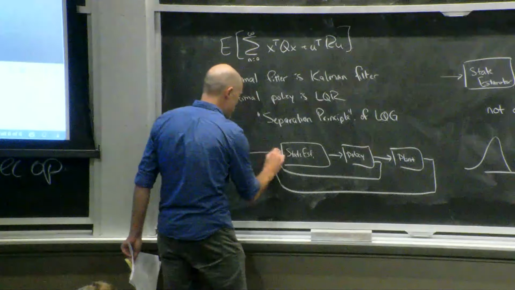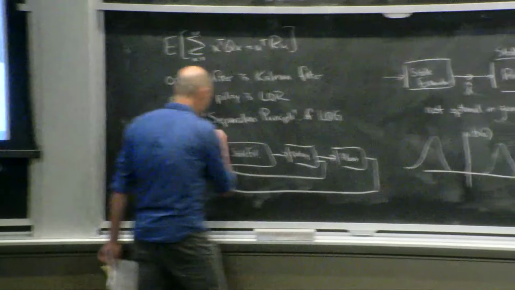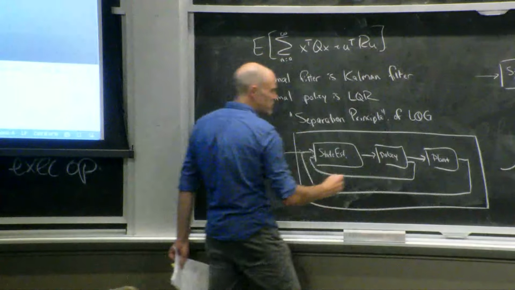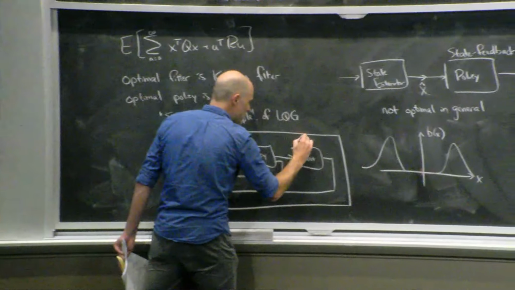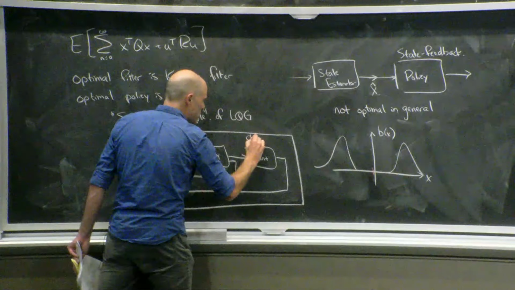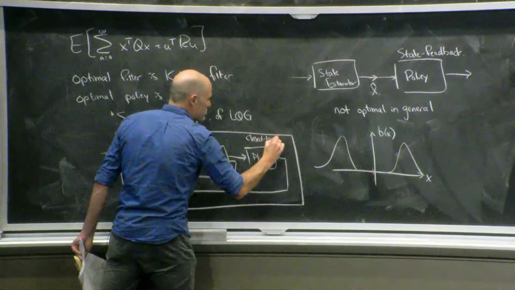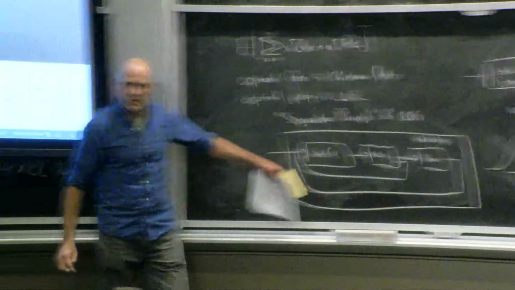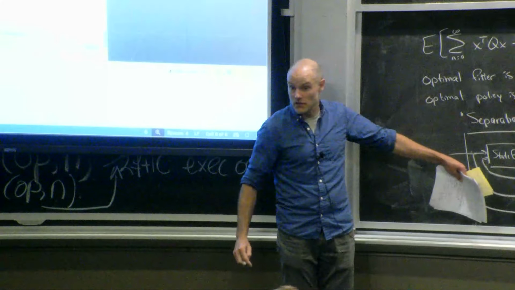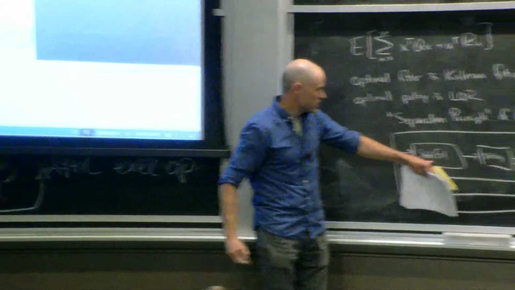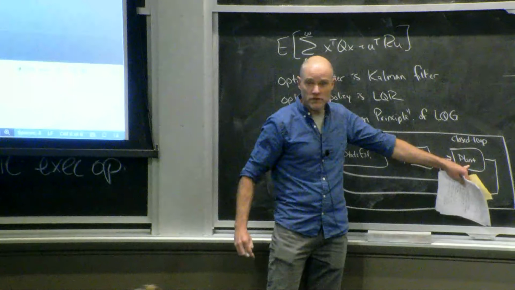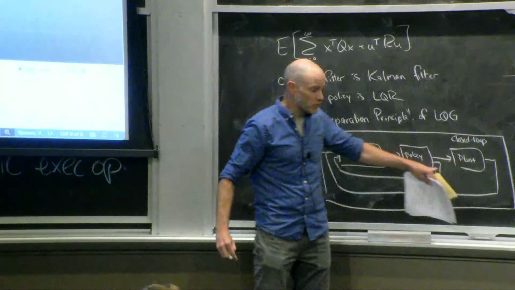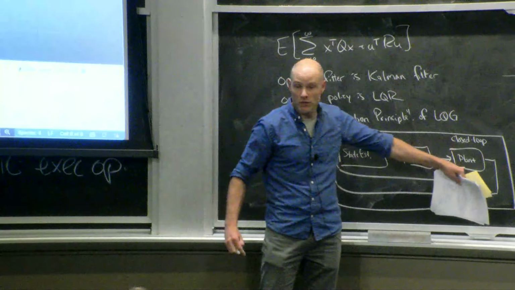okay? If I think of this thing as a dynamical system, and I want to estimate its region of attraction, for instance, call this my closed loop system. That closed loop system now has 8 state variables. It has the 4 state variables in here and the 4 state variables here. If you want to certify a region of attraction of the closed loop system, you have to do Lyapunov analysis on 8 variables, for instance.